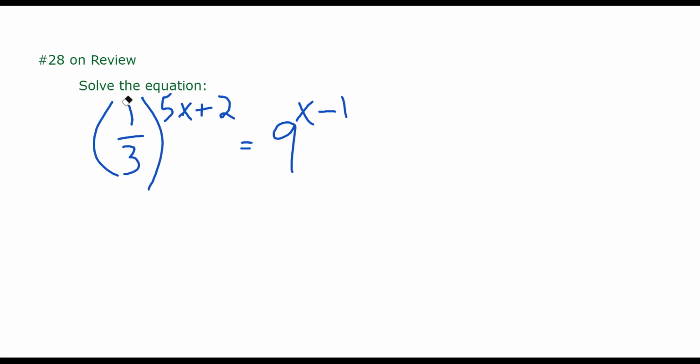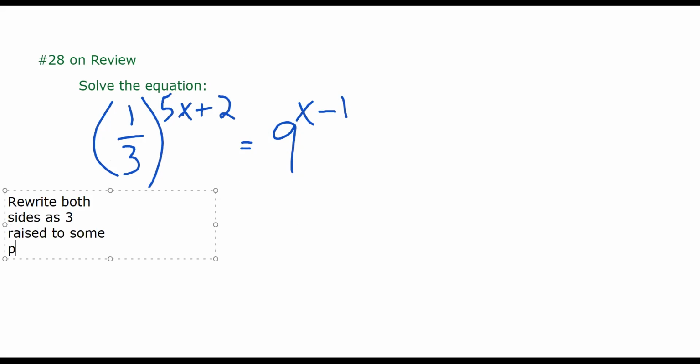What I mean is that 1/3 can actually be written as 3 to some power. 9 can also be written as 3 to some power. So rewrite both sides as 3 raised to some power. Again, if this had been 1/4, I don't have such a cute little option.